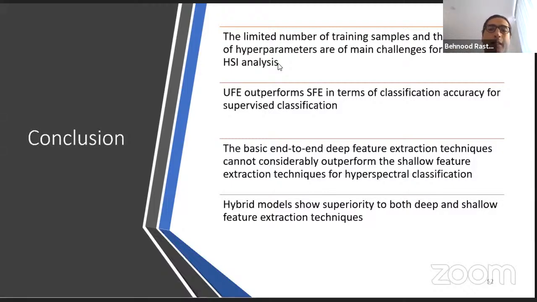They can use these codes and come up with their own new ideas, for instance, design a new architecture to improve these results. We also show that hybrid models like SPC, CNN show superiority to both deep and shallow feature extraction techniques.